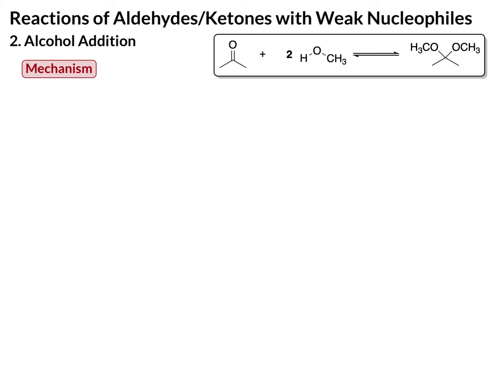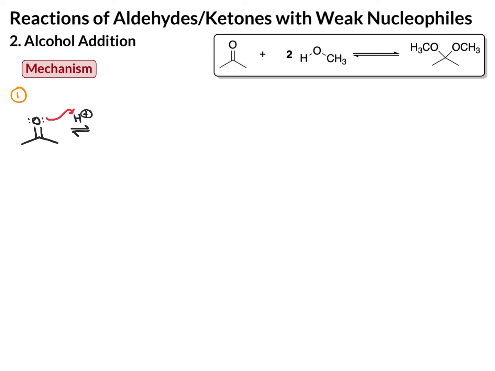All right, so we're going to start with step one, which is the hemiacetal formation. Here we have the ketone, and this reaction is done under acidic conditions. We saw how the hydration took place under acidic conditions, and it's very, very similar. So the first thing we'll do is react the carbonyl with the acid.